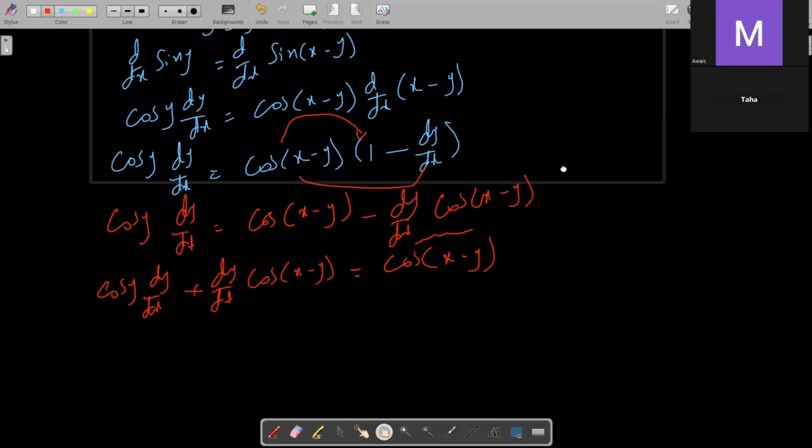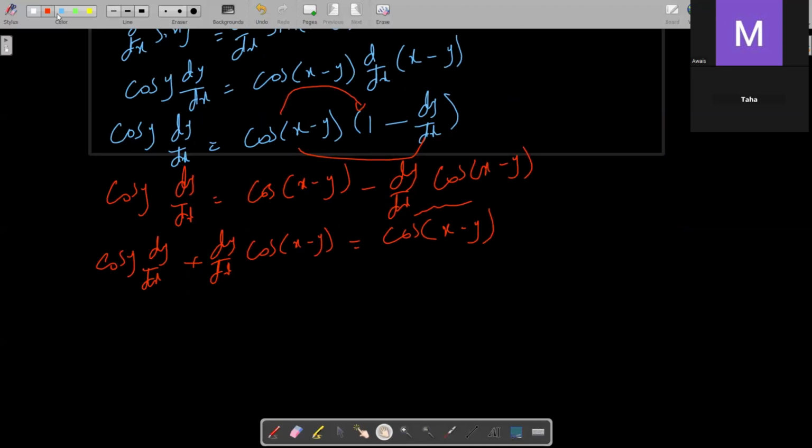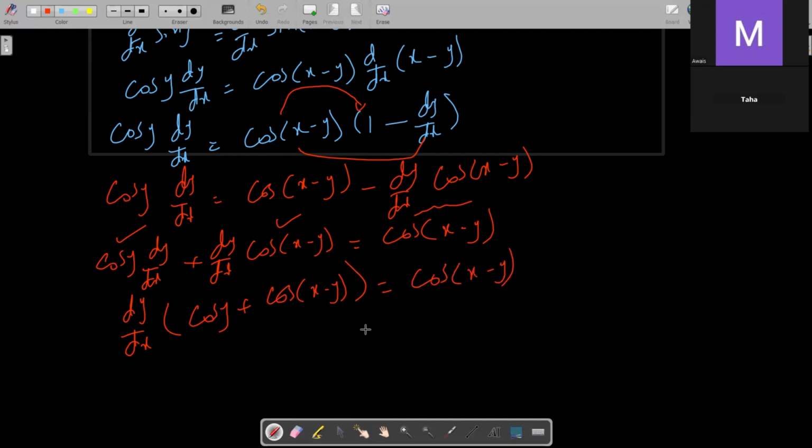Okay. Now, next step, we have to factor out dy by dx. It's going to be cosine y inside the parentheses, this one, plus this one, cosine x minus y, close, equals cosine x minus y.